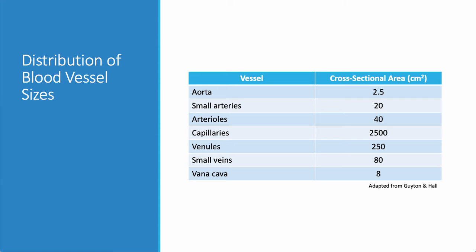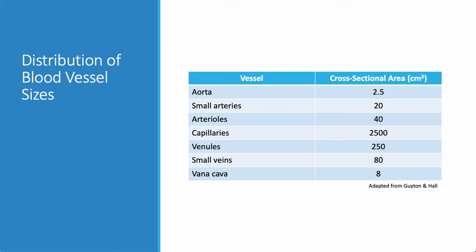When you add up all the capillaries together, they have a cross-sectional area of 2,500 square centimeters. It's a huge area, right? The other relative sizes are listed here, but the capillaries contain the majority of the blood.